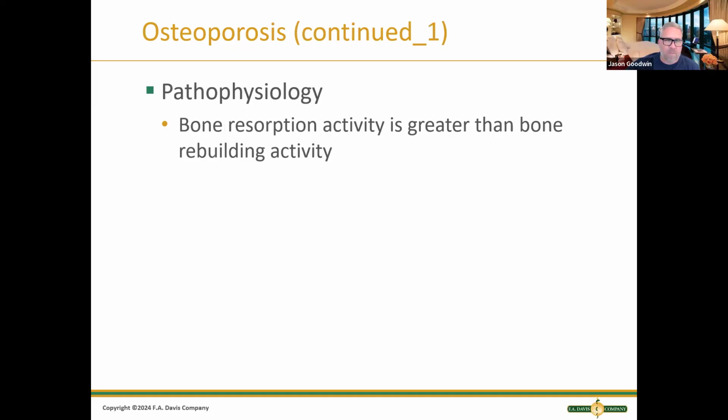The pathology is basically that bone is being lost because of decreased calcitonin, decreased estrogen, increased parathyroid hormone, and bones are porous at that point, and they can become brittle as well and increase your fracture risk. After the age of 30, these things start to happen in all people, believe it or not.